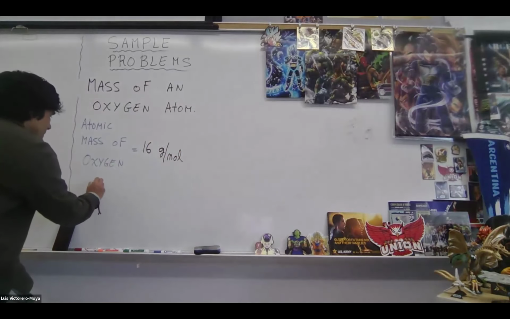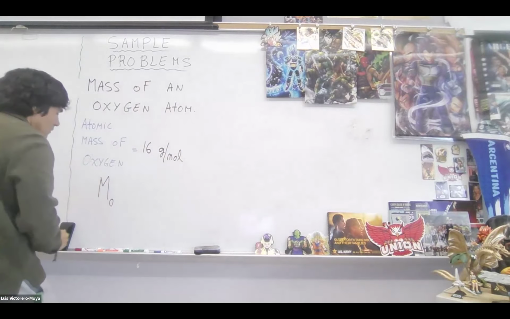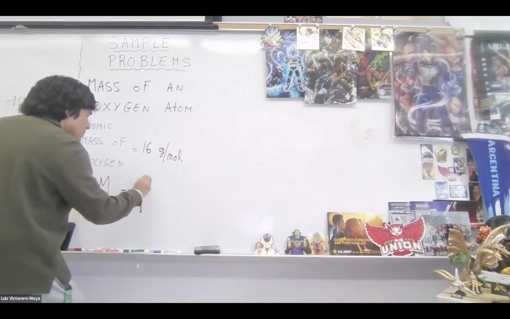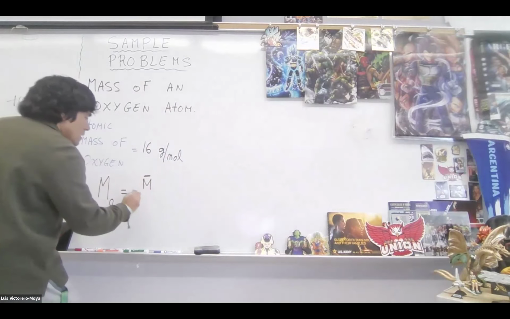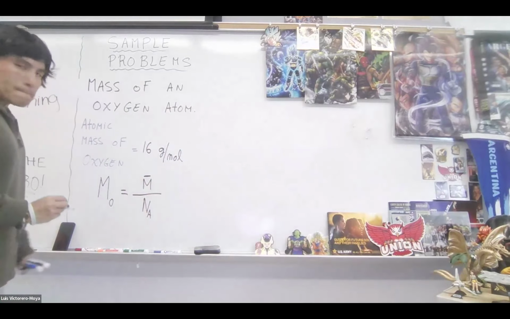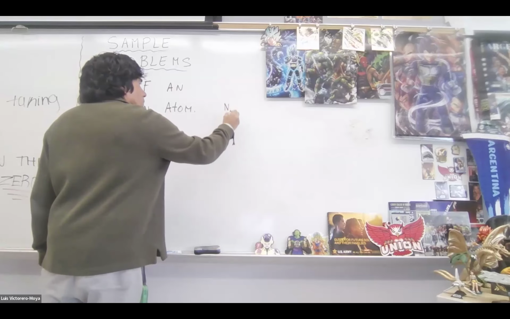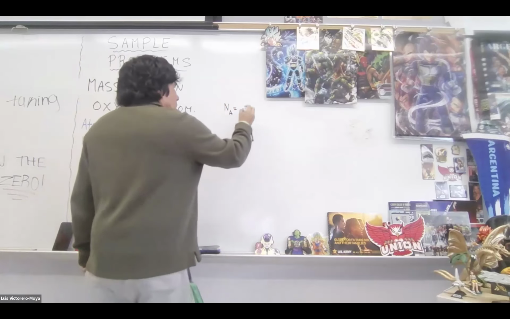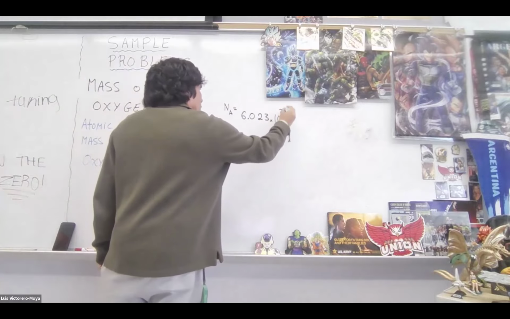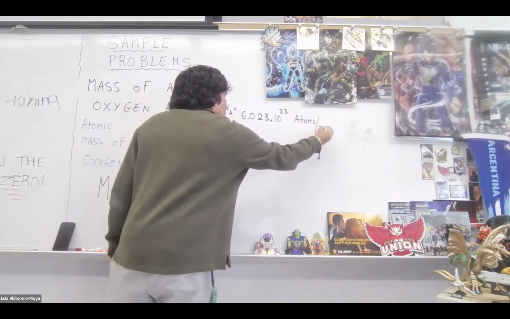So to find the mass of the oxygen atom, it will be the atomic mass divided by Avogadro's number. Okay? Avogadro's number is 6.023 times 10 to the 23 atoms per mole.